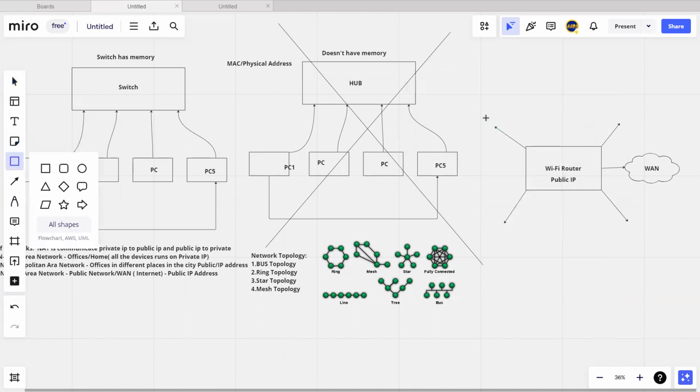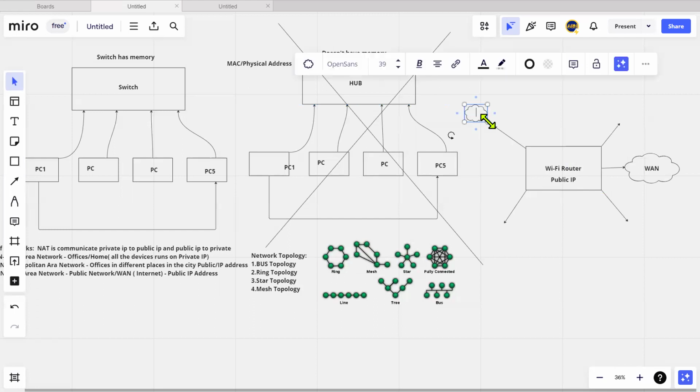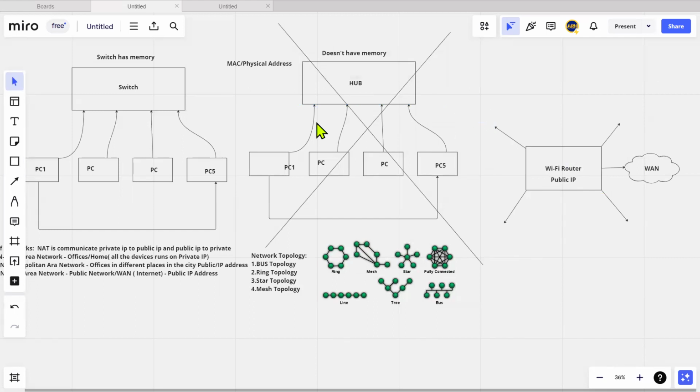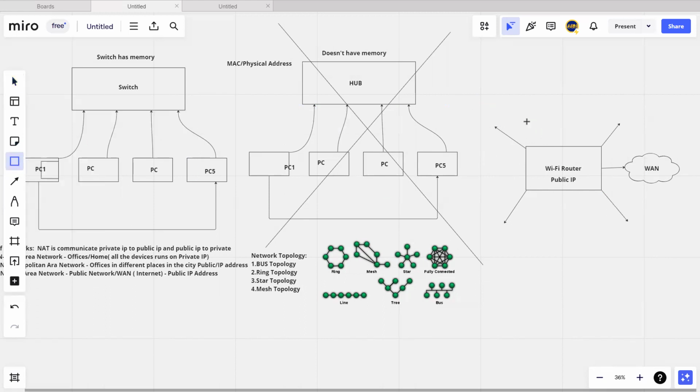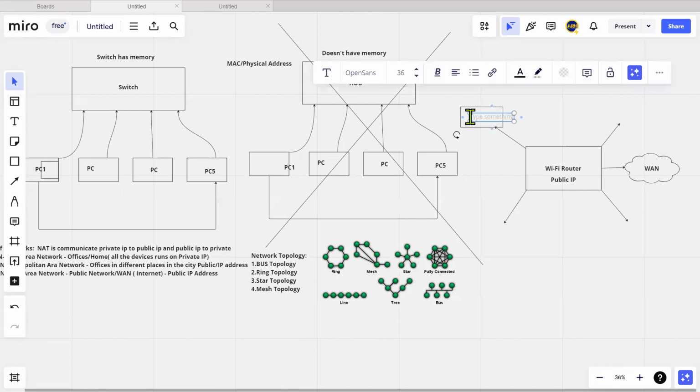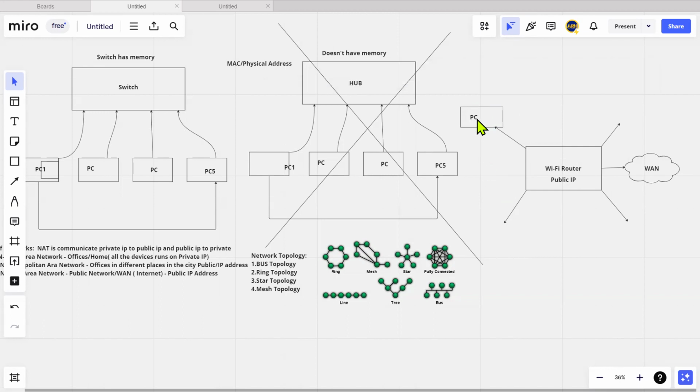For example, this is a desktop, a PC, a personal computer. Usually a desktop is connected via cable from the Wi-Fi router to the PC.